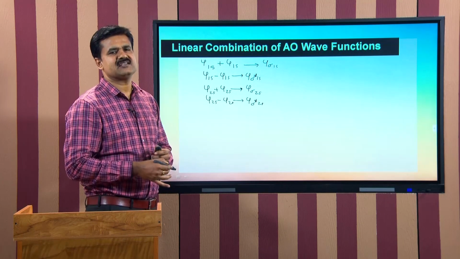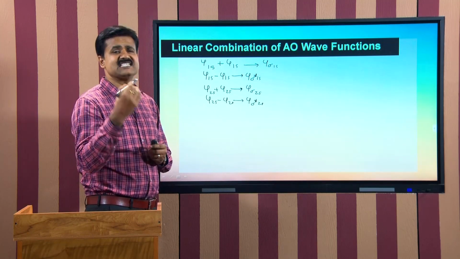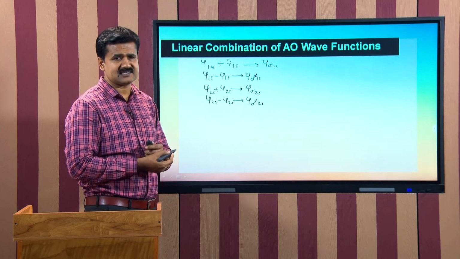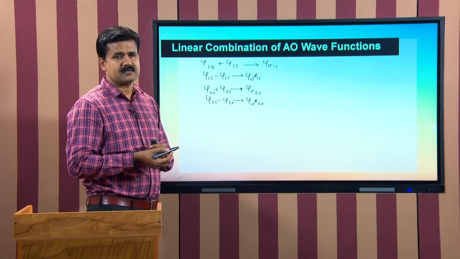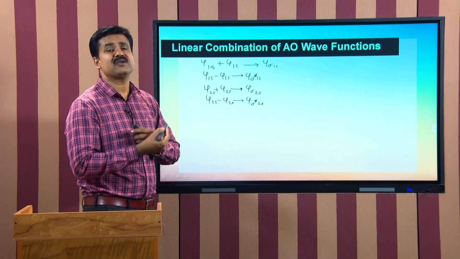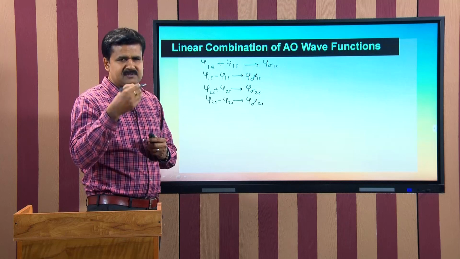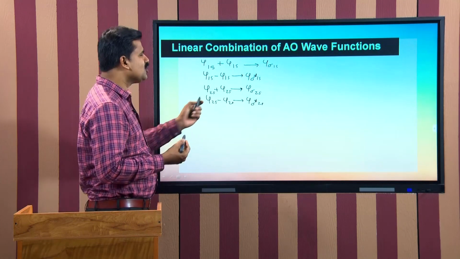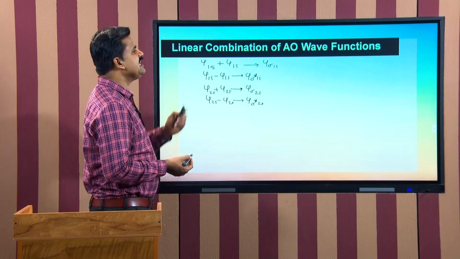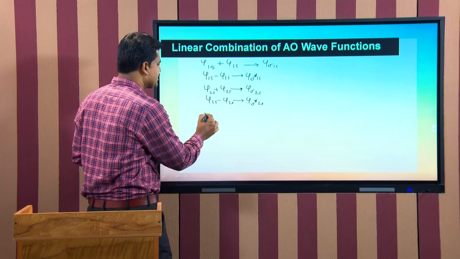Let us assume that the end-to-end overlapping happens through the z axis and z is considered to be the internuclear axis. We can consider the formation of the sigma molecular orbital by the overlapping of two 2pz orbitals. So, we can represent the linear combination of the 2pz atomic orbital wave function by using this expression.